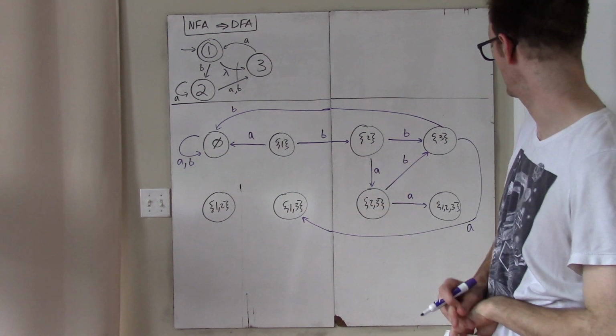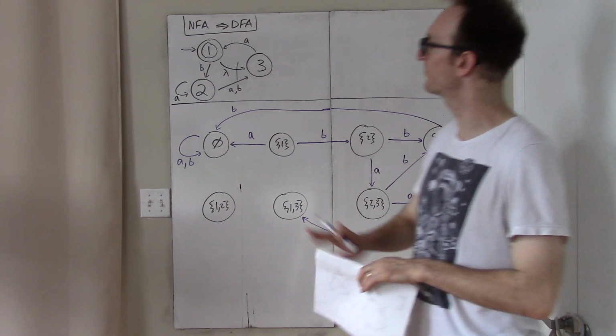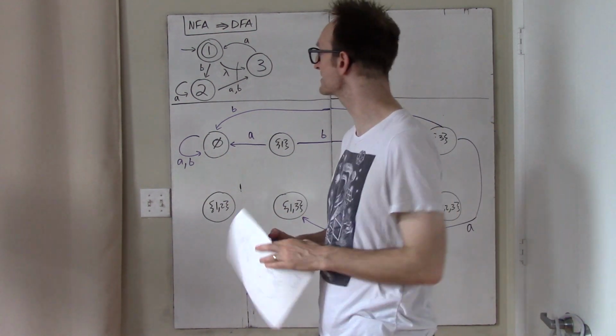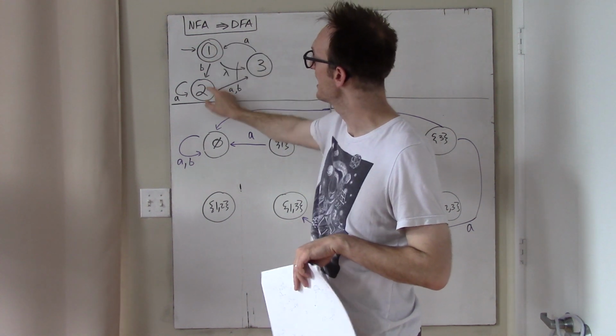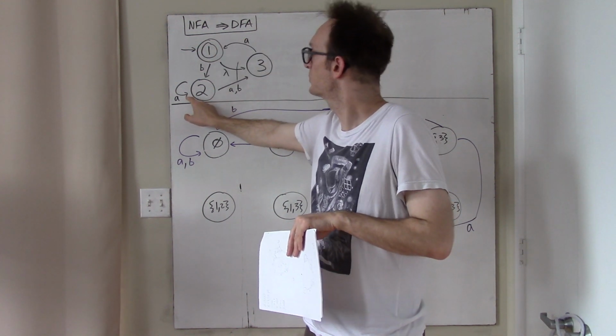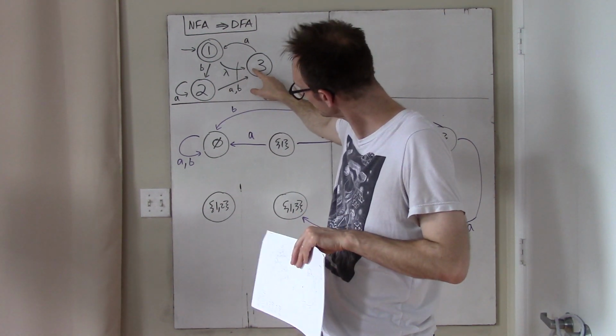Okay, let's see. Let's consider this one. What if I'm in state 1, 2, 3 and read an A? Well, if I'm in 1, 2, and 3 simultaneously, I think I know what's going to happen. If I'm in 1 and I read an A, there's no rule for that. If I'm in 2 and I read an A, I go to 2, but also to 3.